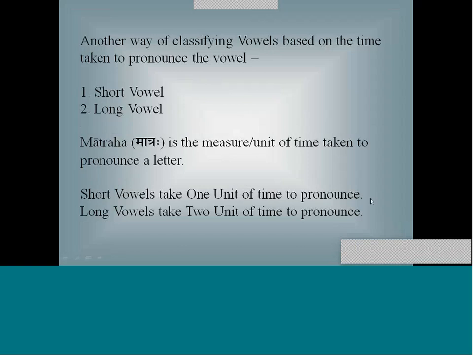I'll answer your question now. When you add visarga to r, it becomes rh.